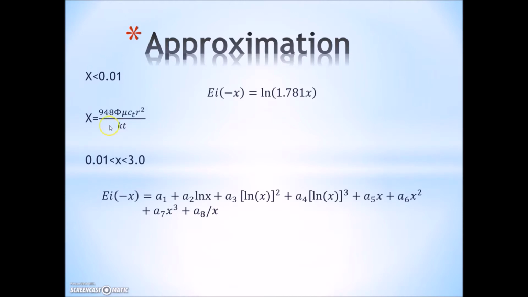So in short, once you have calculated your x and the value of your x is between 0.01 to 3.0, you just have to plug in the values of the coefficients a and x, and you can get the approximated value of EI, and in turn plug it into the previous equation in order to get the pressure at a certain radius and certain time in the reservoir.